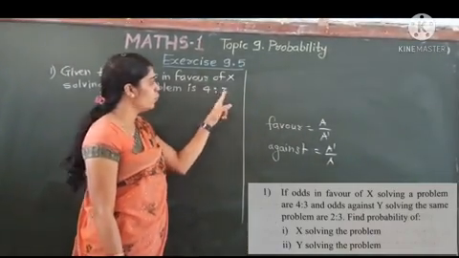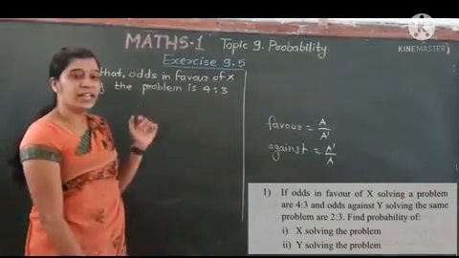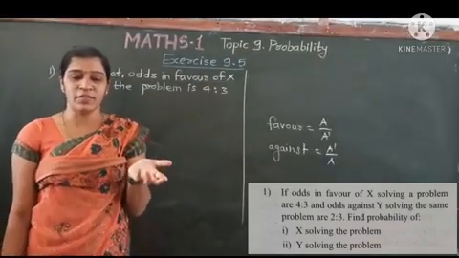4 upon 4 plus 3 is 7. What will the favor of solving the problem be? 4 upon 7.